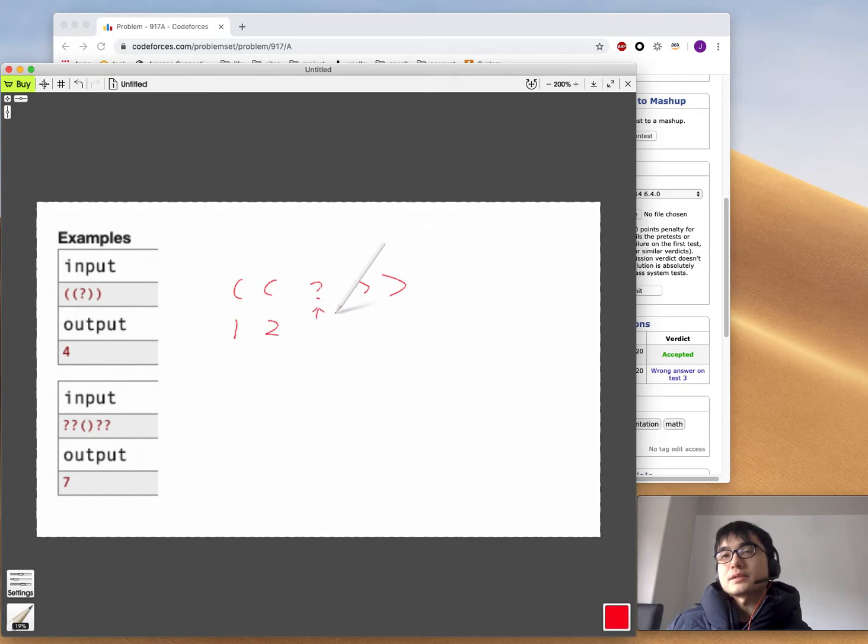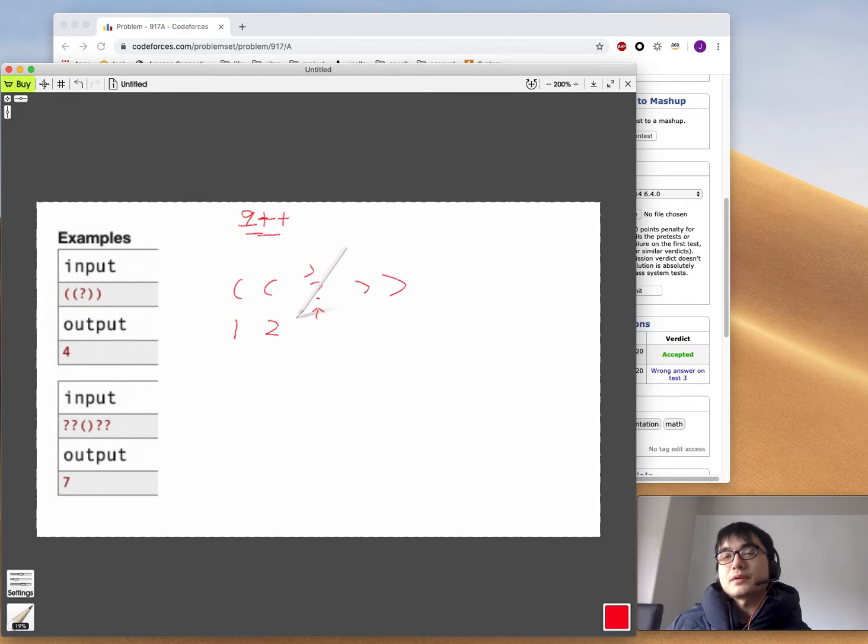At this point, what do we do? We can have another counter, which is the number of question marks. So here we can put a right parenthesis here first, and keep counter of the question mark.